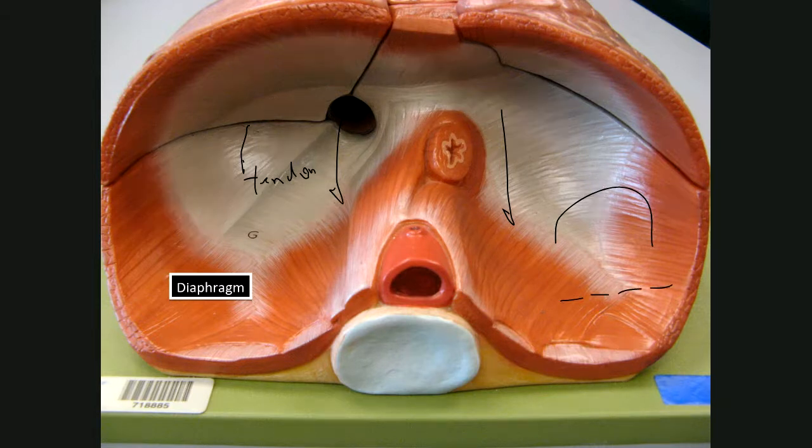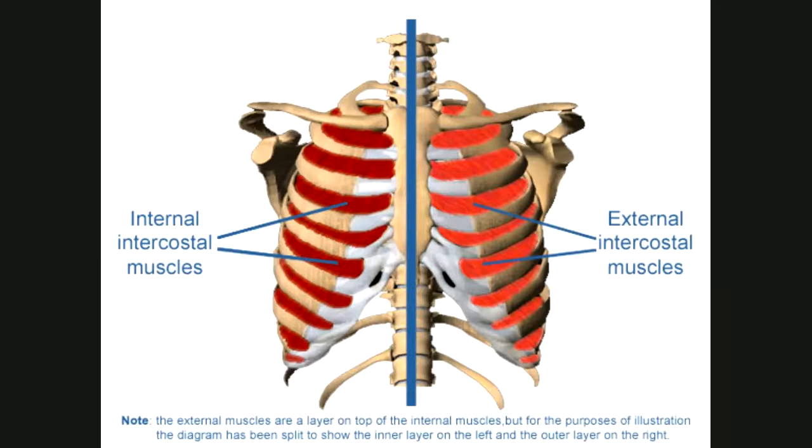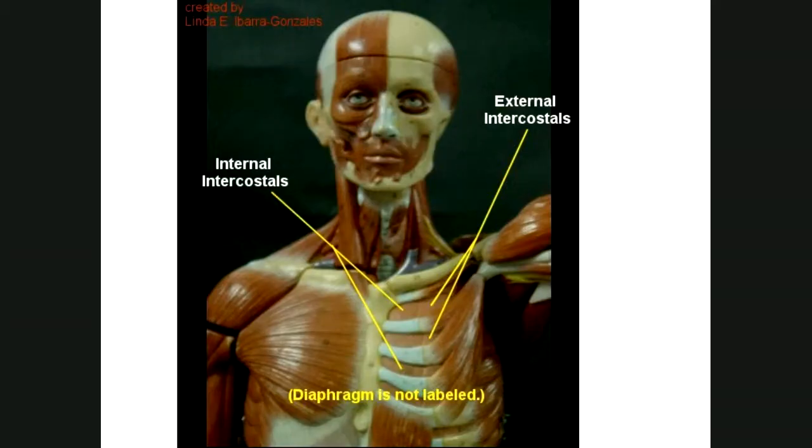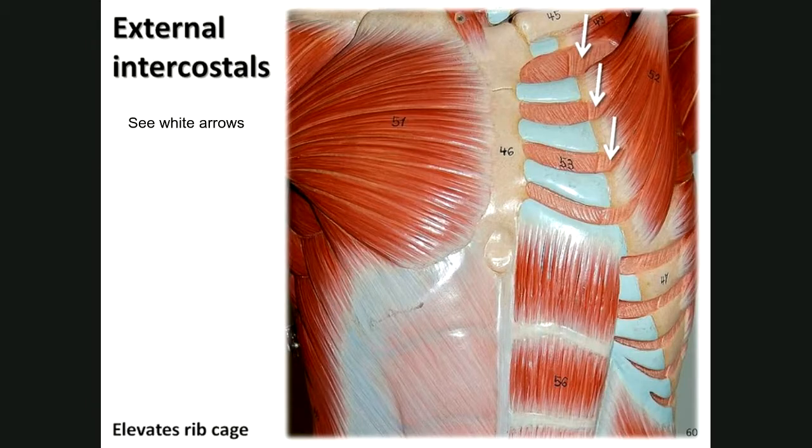Here are the external intercostals. And again, they're going to raise the ribs and make the chest cavity wider. So if we look at this model, we can see these external intercostals. And if you blow it up, they look like this. These are the external intercostals.